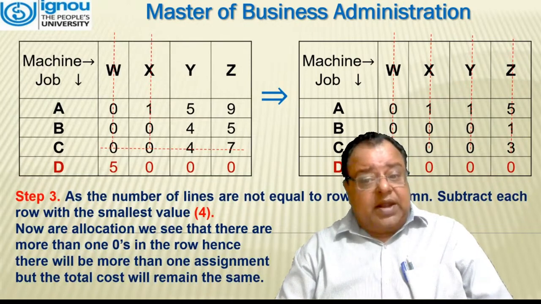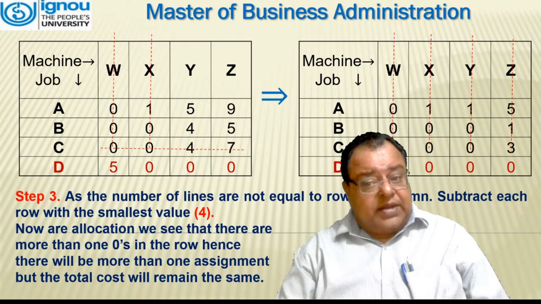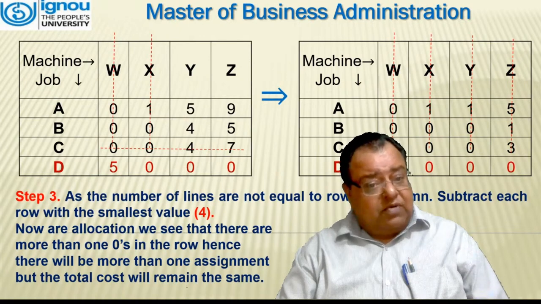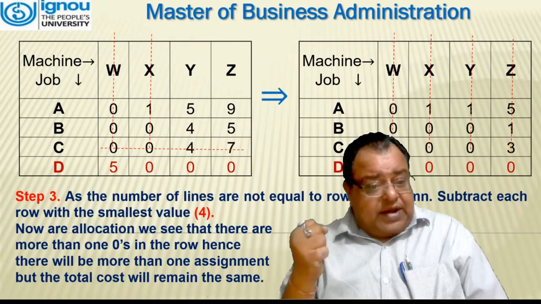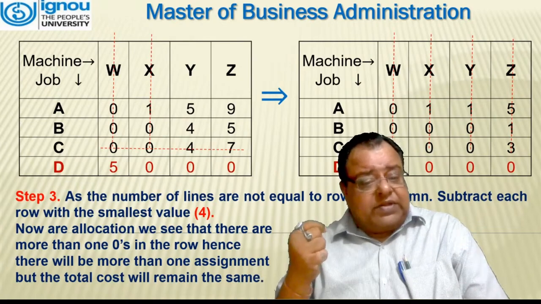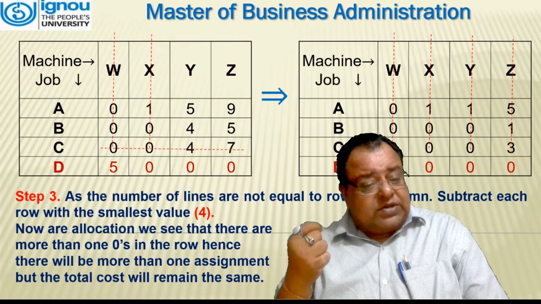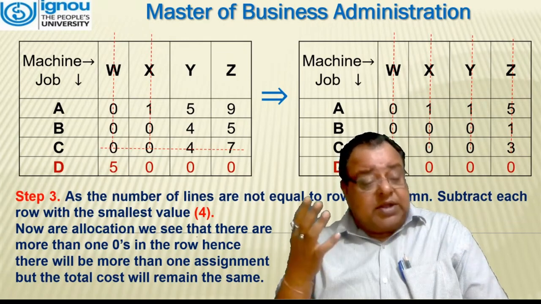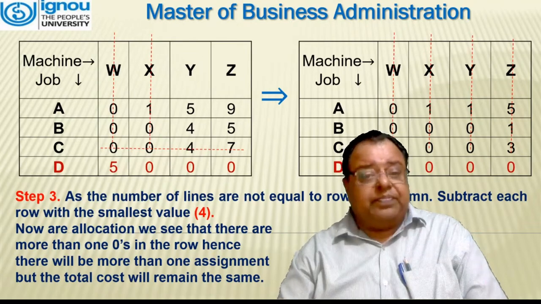As here again, there are 4 lines in the column part. We will see that the smallest element is 4. We will be subtracting this 4 from each of the remaining elements. We get this matrix. Now the allocation, we see that there are more than 1 zeros in the row. Hence, there will be more than one assignment, but the total cost will remain the same.